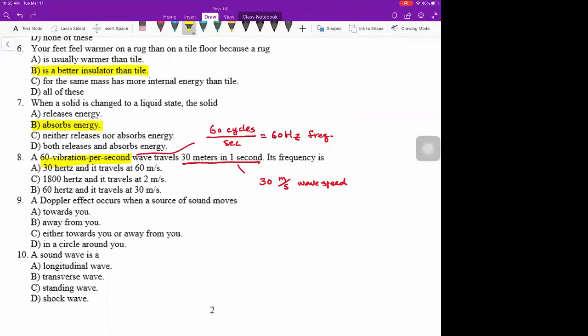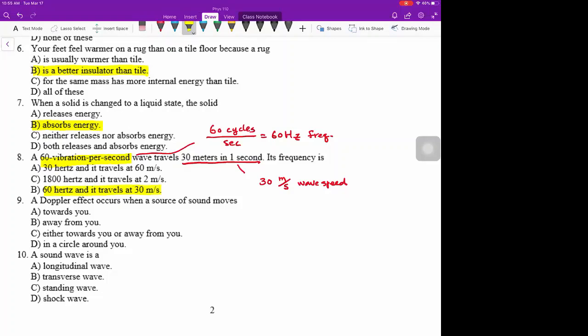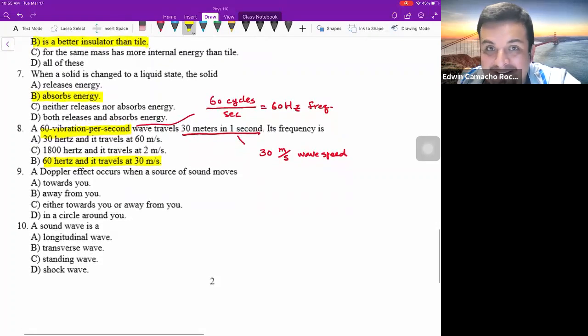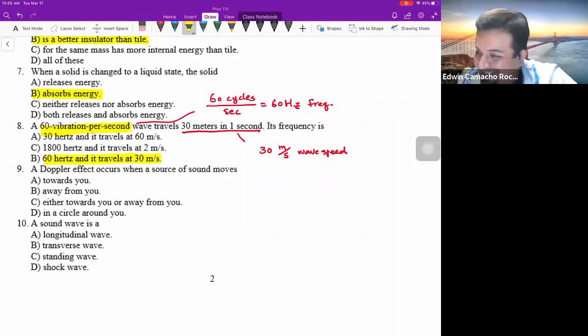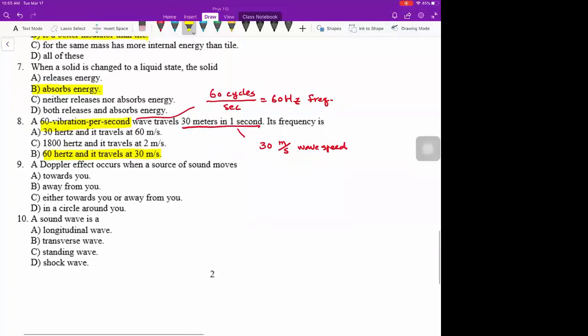Therefore, the answer for this should be B. I don't know why I put a B at the bottom. Actually, the answer is really D. Wow, I don't know what happened. But that's 60 hertz and the speed is 30 meters per second.